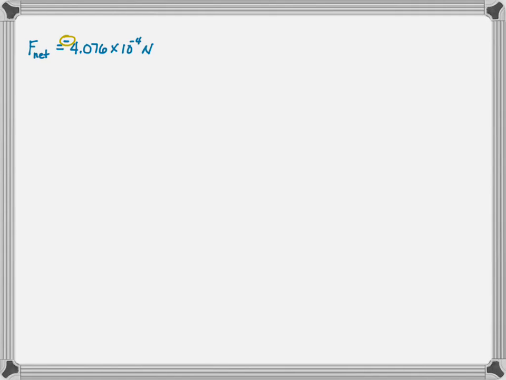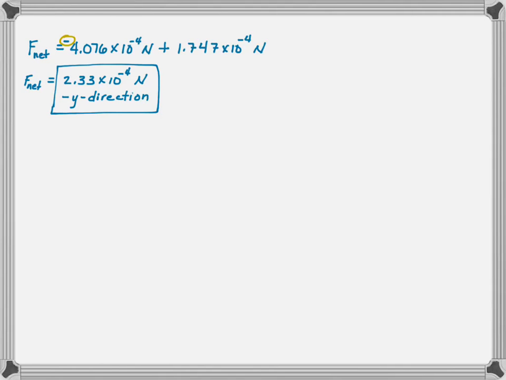So F1 is in a negative y direction, F2 will be in a positive y direction. So I can add 1.747 times 10 to the minus 4 newtons. So my net force ends up being 2.33 times 10 to the minus 4 newtons, and it will be in a negative y direction. So the overall net force will be in a negative y direction, away from the long straight wire.